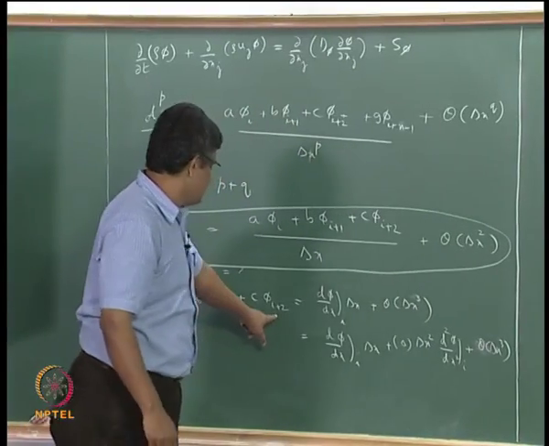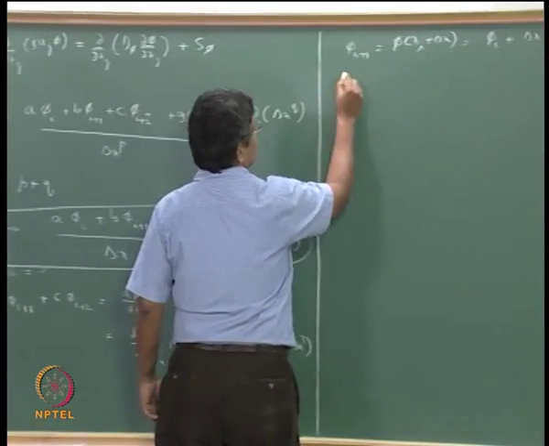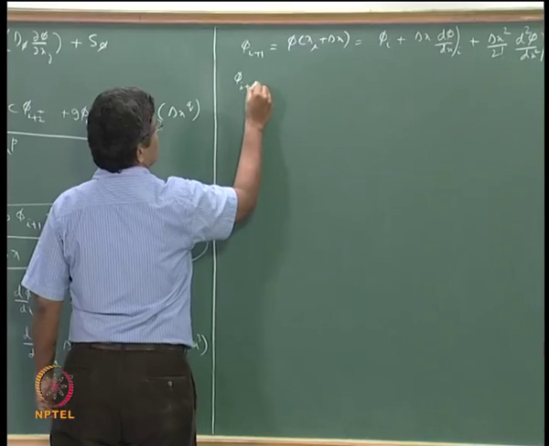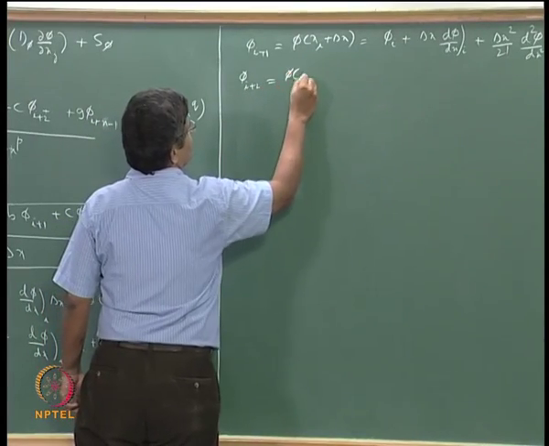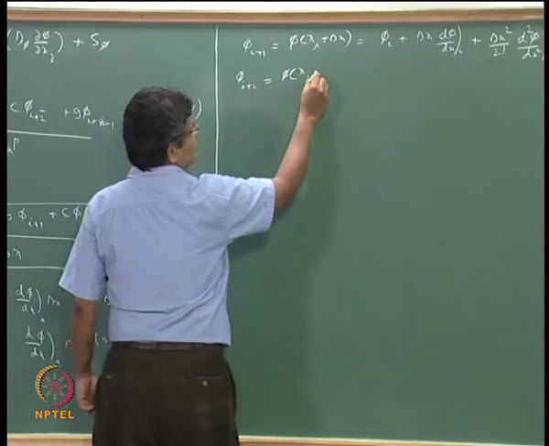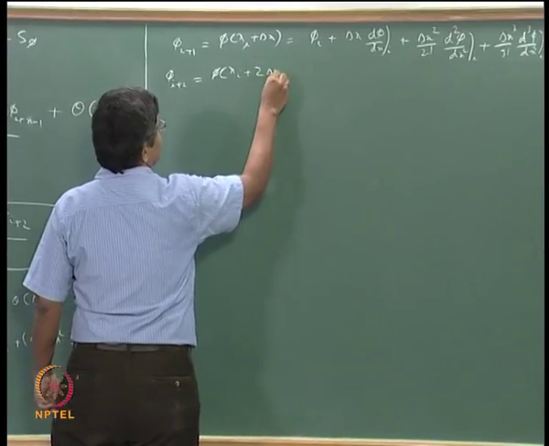Similarly, we can write phi I plus 2, which is nothing but phi at xi plus 2 delta x.